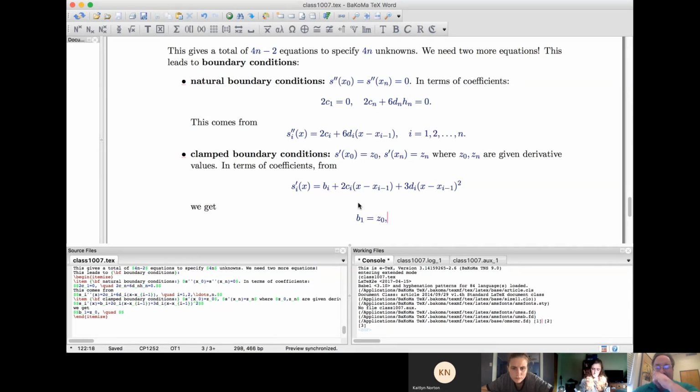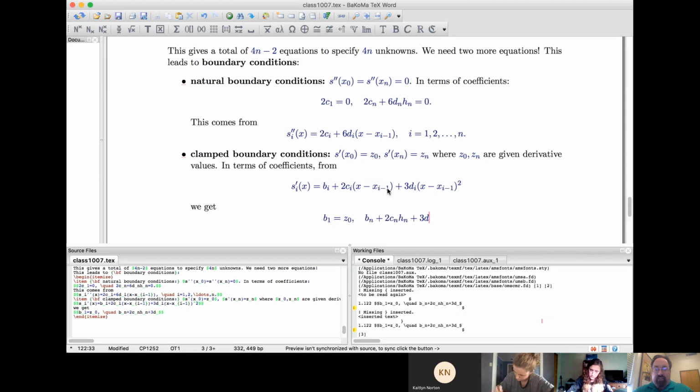And I need to do that again right here. For the value of a derivative at the rightmost endpoint, I set i equal n. So that's going to give me bn plus 2cn, and then I plug in xn, because that's where the condition is imposed. So I have xn minus x_{n-1}, which is hn.